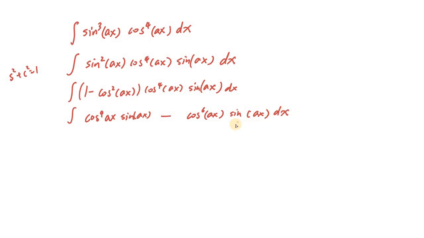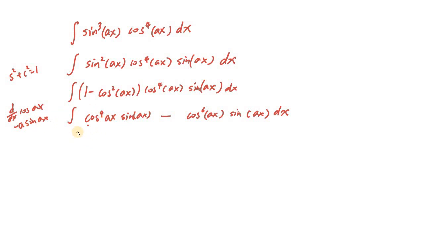So at this point, the chain rule should be pretty clear, because if we differentiate the cosine to the fourth ax, we know that the derivative of cosine ax is minus a sine ax.